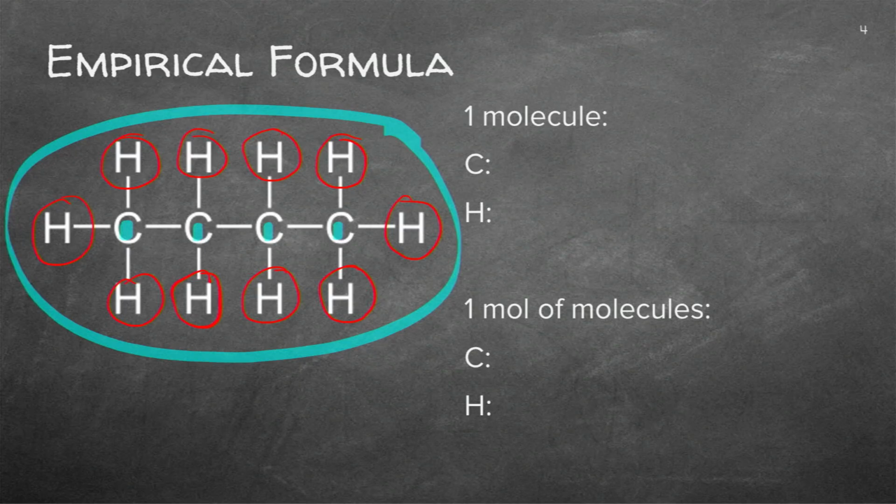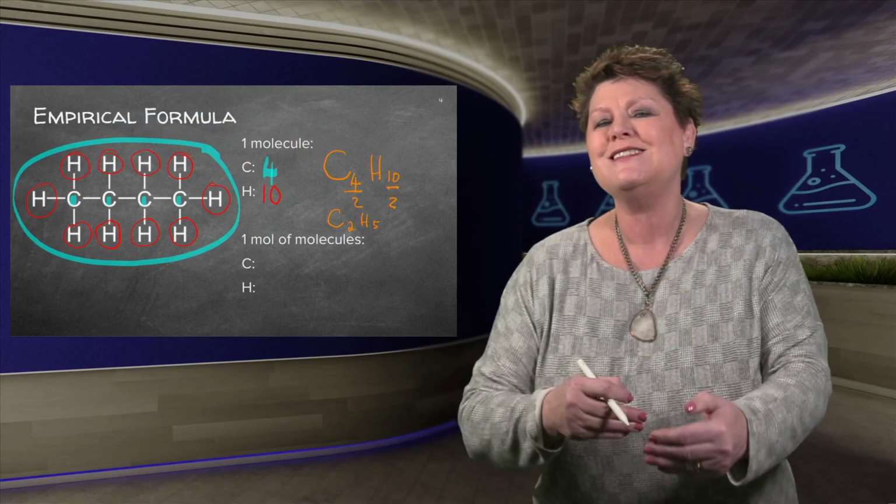So what I have here is the carbons, we've got 4 of them, and the hydrogen, we've got 10 of them. So what would this molecule be? It would be C4H10. Is that the simplest form? No, I could divide both of these numbers by 2. So the simplest form would be C2H5.